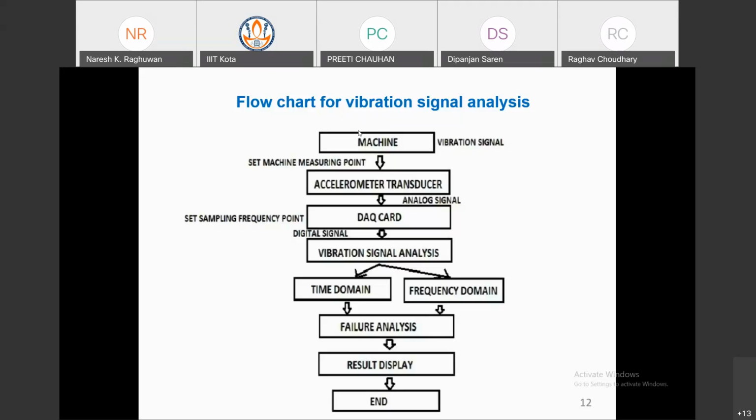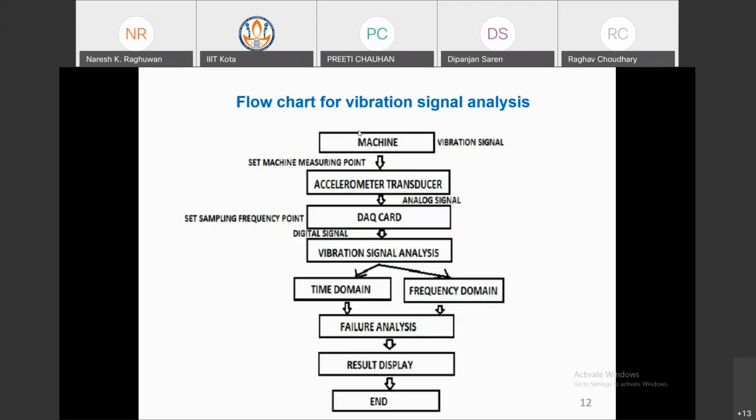Generally it is in the time domain or frequency domain. The time domain means the signal changing in time, with the horizontal axis as the timeline and the vertical axis as amplitude. And in the frequency domain, on the horizontal axis the frequency will be there, and on the vertical axis the amplitude will be there.